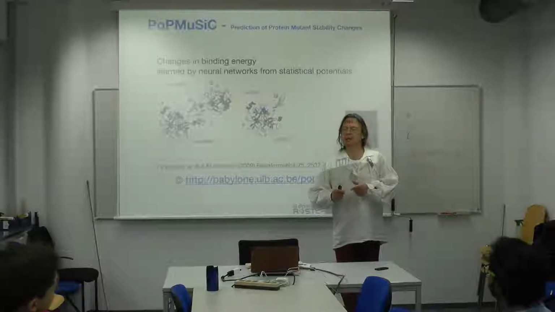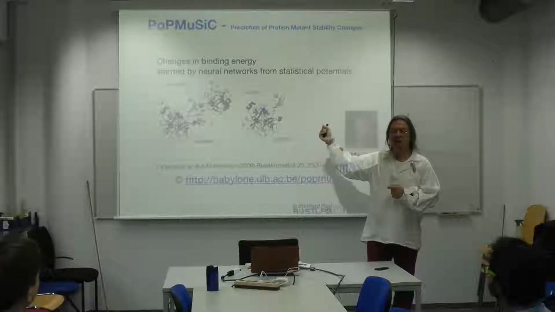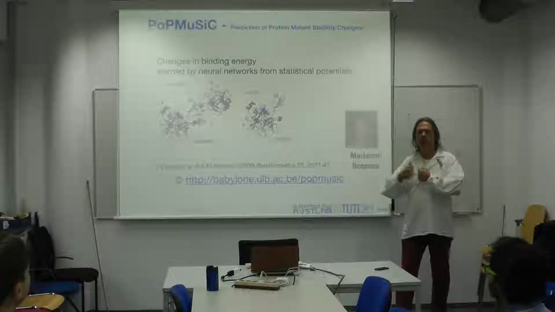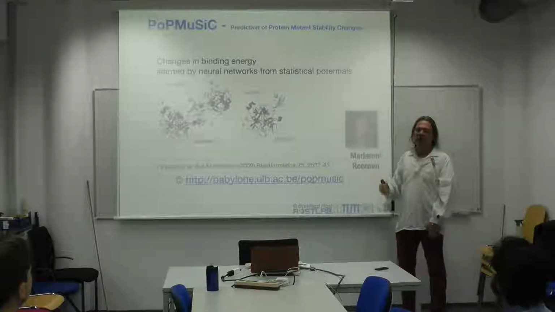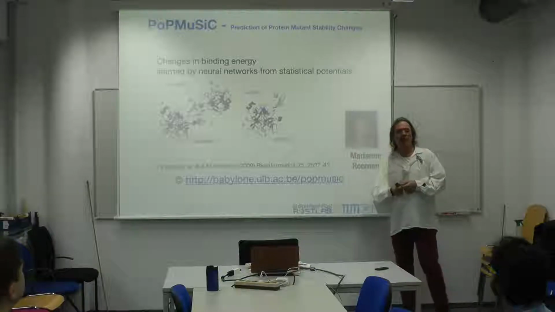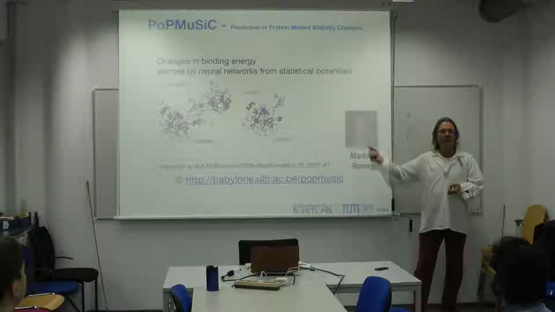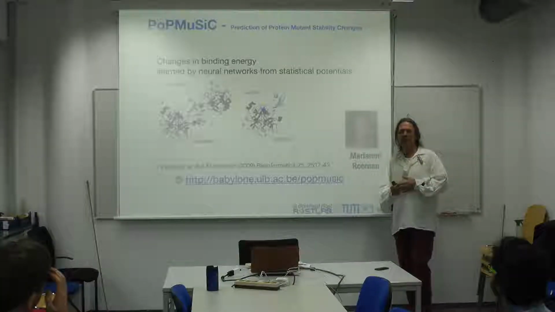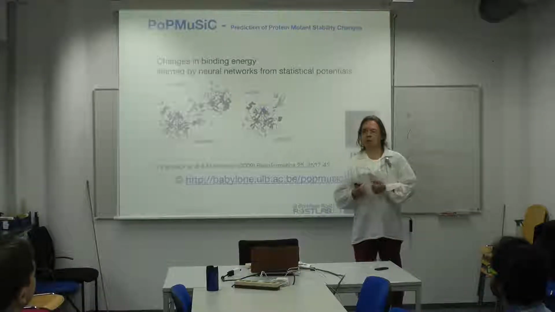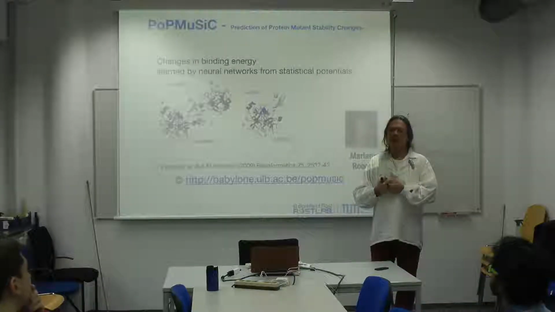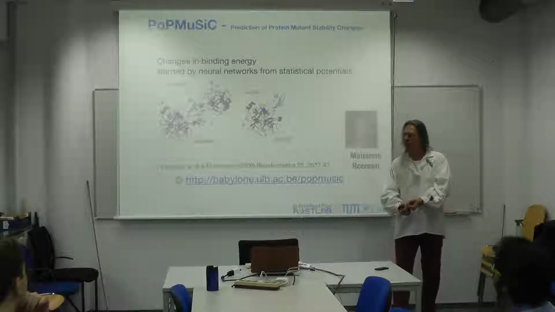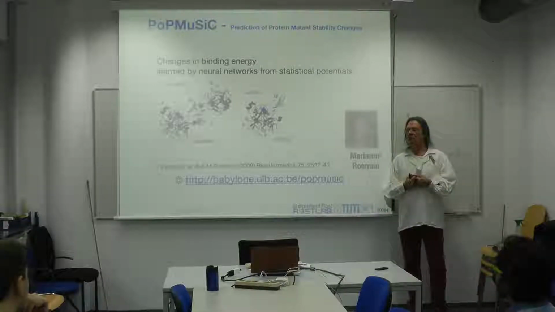So how is this variant affecting the energy of the binding of two proteins? That is what this method answers, and those are the data points that the method uses for machine learning. Okay? You essentially create an energy model of proteins that bind, and you put a mutant in, and you ask how much that mutant changes it.